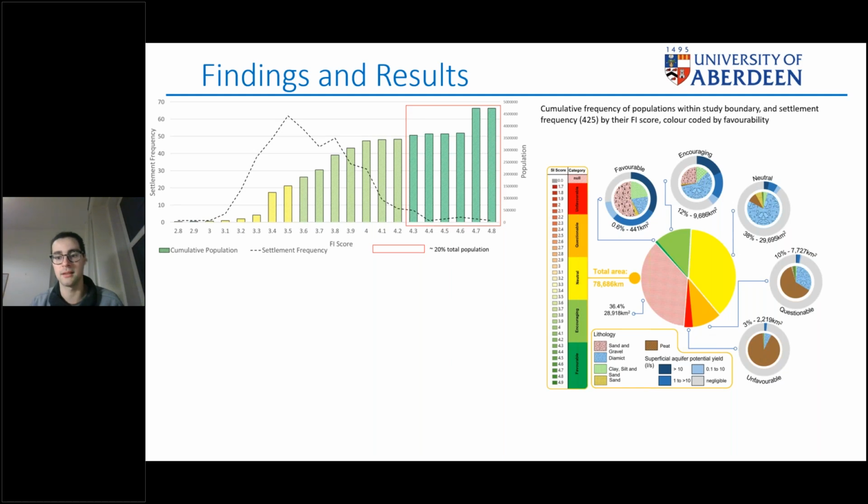So this tells us that there is significant potential for heating decarbonisation by placing a few well-designed systems. It also reflects that while most settlements have a lower favourability score, with the peak down here in a neutral area, most people actually live in a small number of large urban conurbations with high favourability.